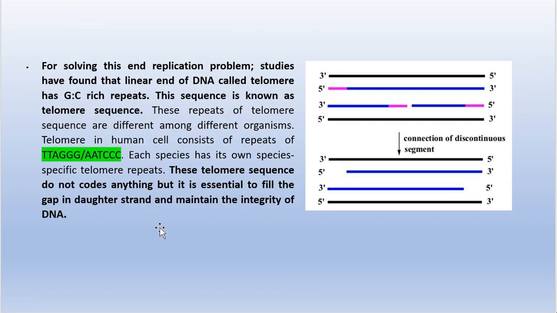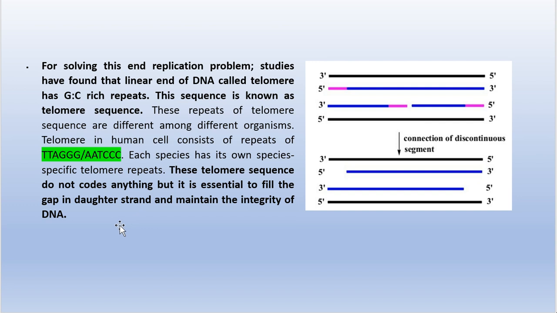To solve this end replication problem, studies have found that the linear end of DNA, called the telomere, has GC-rich repeats, and this sequence is known as the telomere sequence. These repeats differ among different organisms.